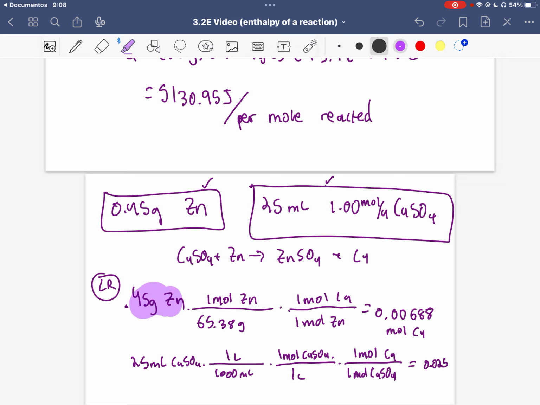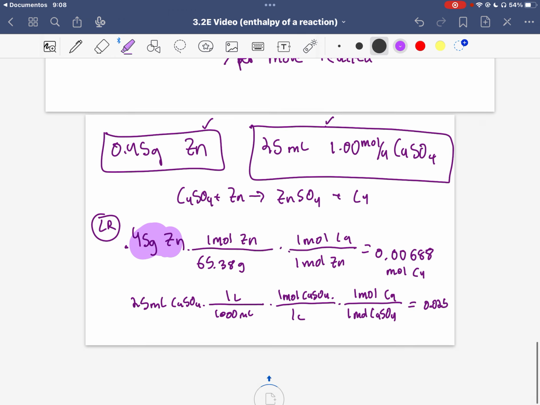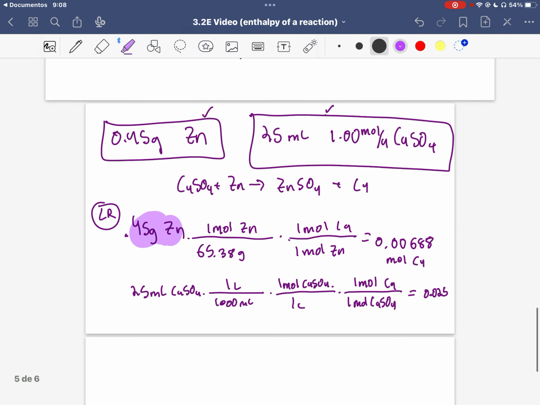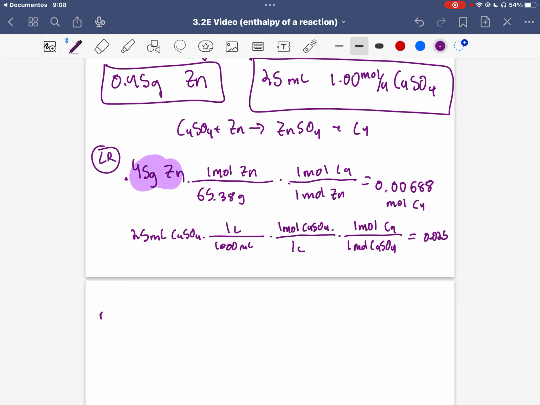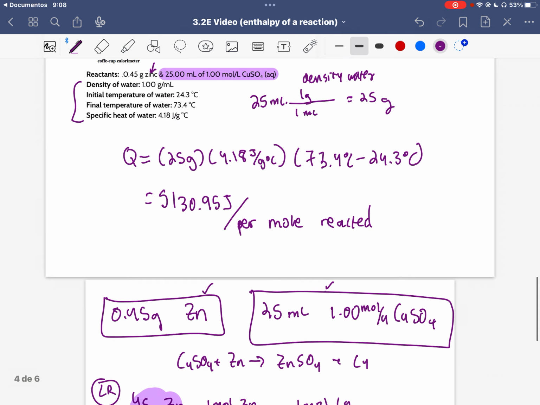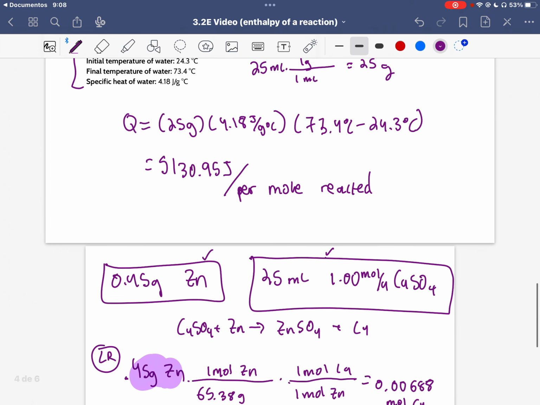Clearly, zinc is the limiting reagent here. So then I just need to find the moles of zinc that actually reacted. It's going to look very similar to what we did above, but not finding anything to do with copper. I'm just finding the moles of zinc. And that's going to be 0.00688 moles of zinc. It happens to be the same amount because all of our coefficients here are 1.